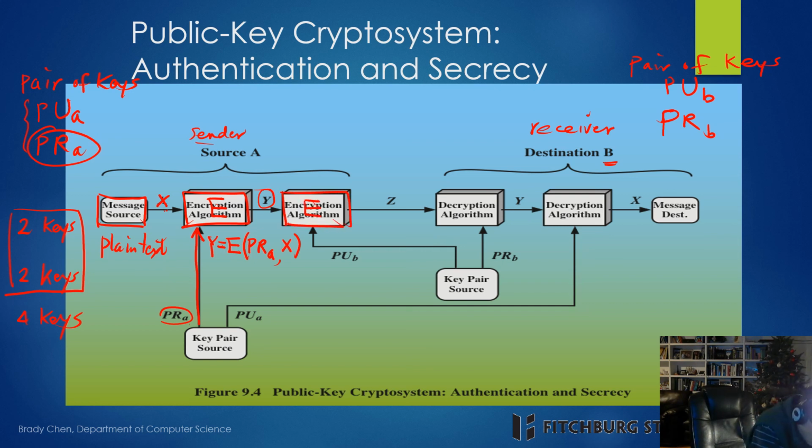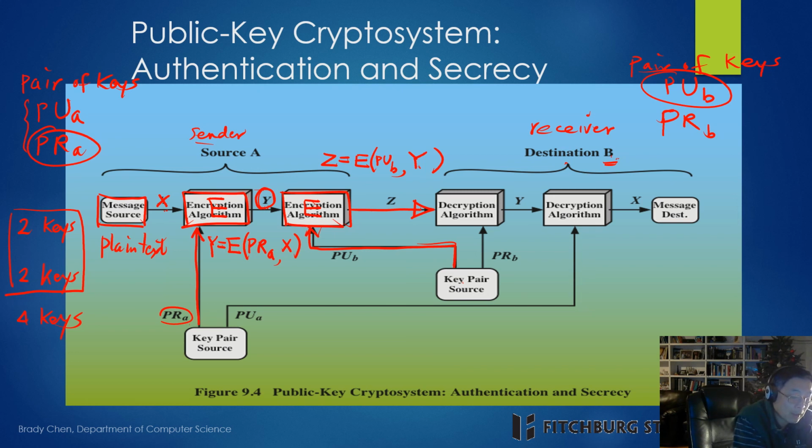This time, the sender is going to encrypt the ciphertext Y with the public key of the receiving side, which is destination B. This is going to generate a message Z. Then the sender sends Z to the destination.